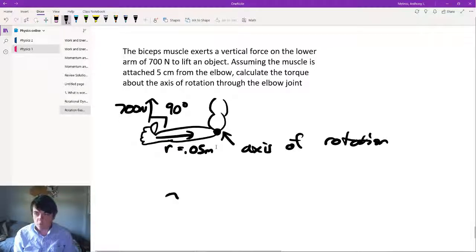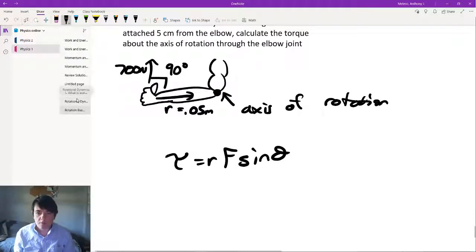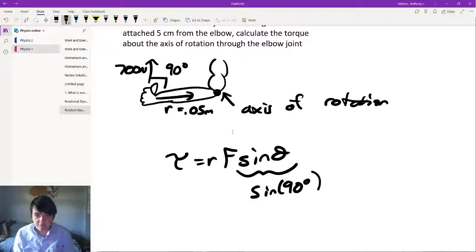So the magnitude of the torque, because we simplified the cross product formula, is just RF sine theta. Sine theta here reduces to sine 90 degrees, which is the angle between R and F. This ends up being just 1.